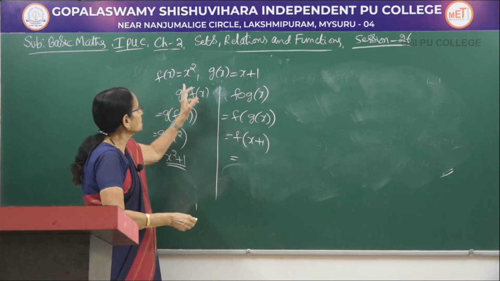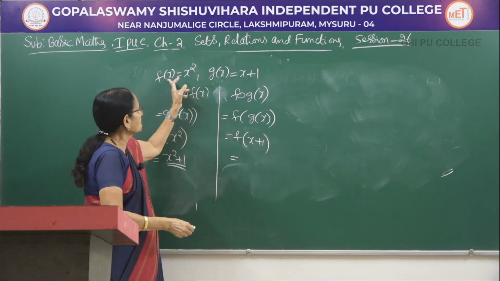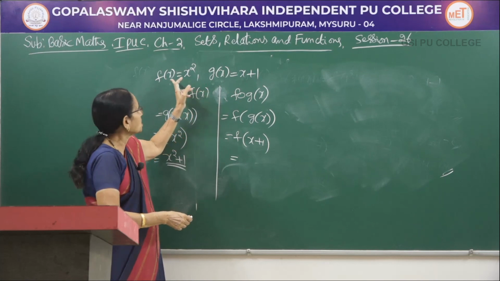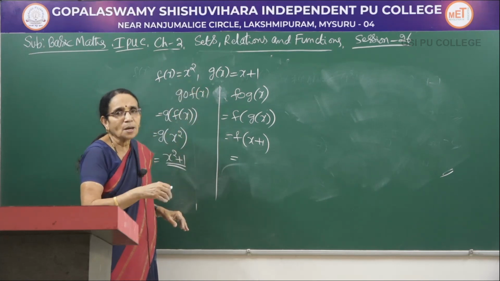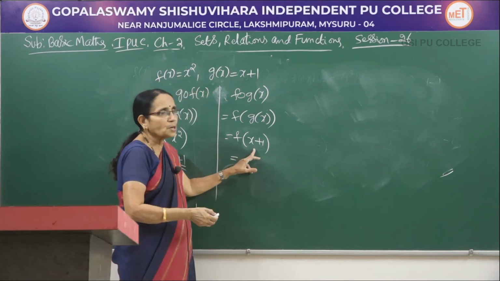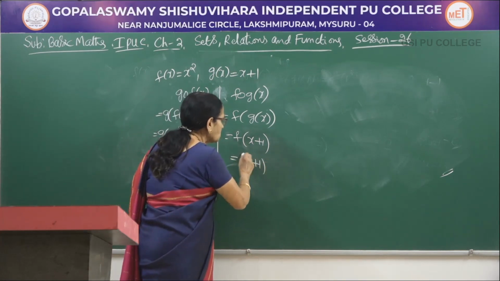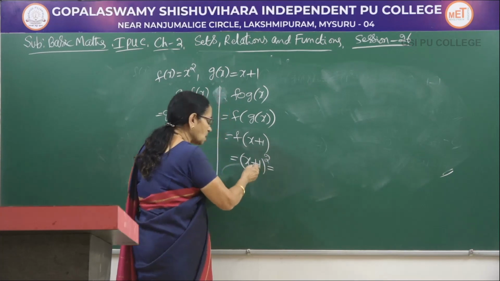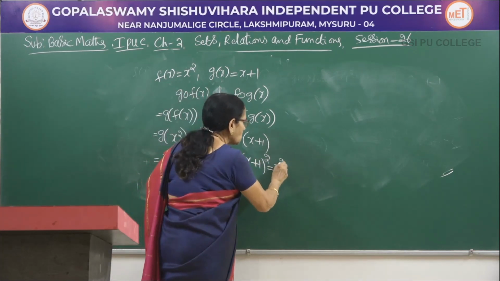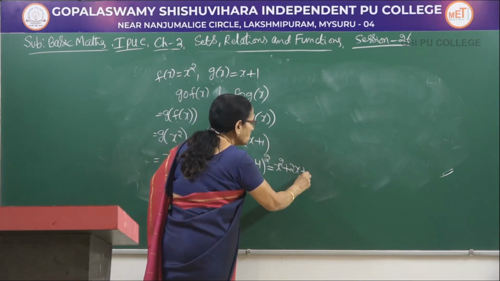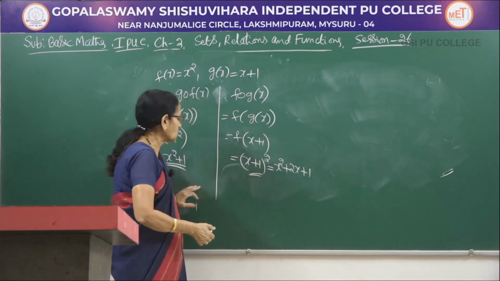Now, come to the definition of the first function. Each x has the image x square. So, whatever number is there, it has to be squared. In the place of x, what do you have here? x plus 1. That would be x plus 1 the whole square. Either you can write like this or you can do the expansion also. Even if you write like this, you get the marks for that.